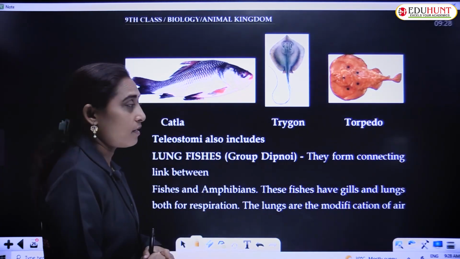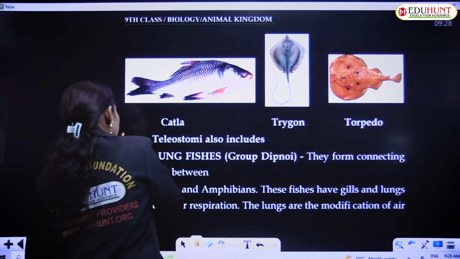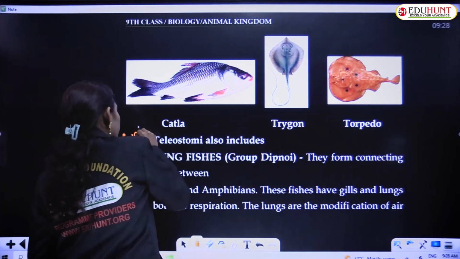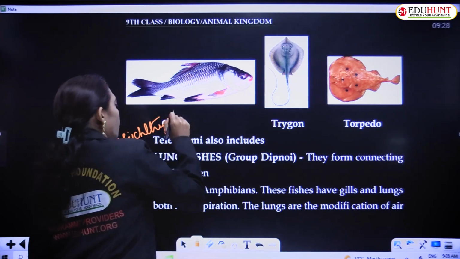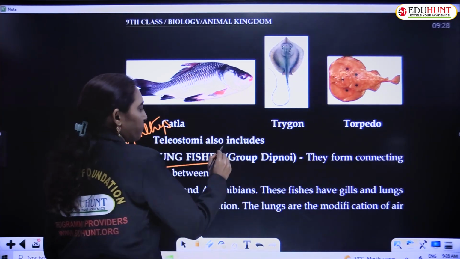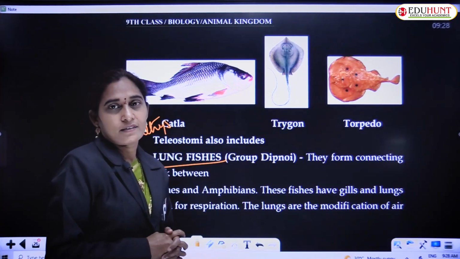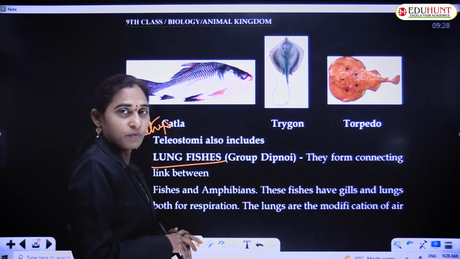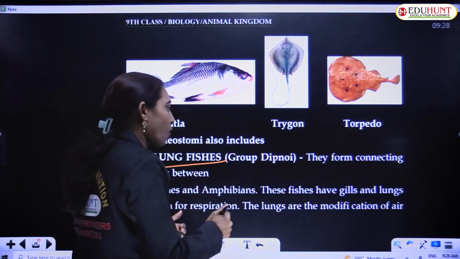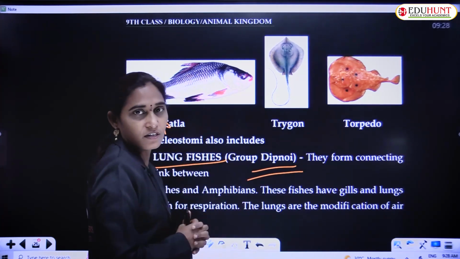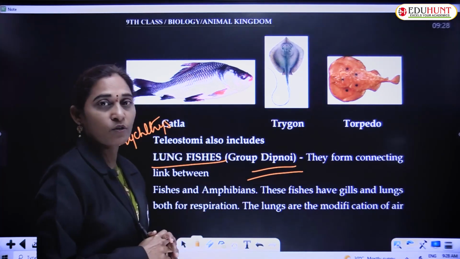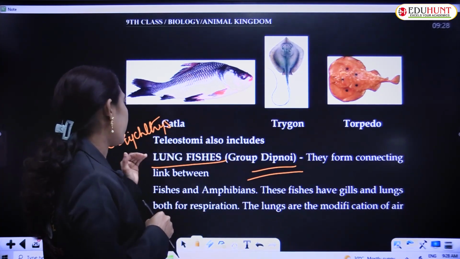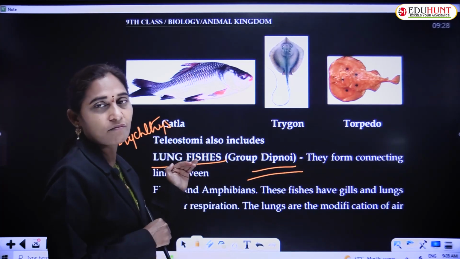Teleostomi, that is osteichthyes. Osteichthyes also include lungfish. They are placed in a separate group called Dipnoi. Commonly these are called Dipnoi fish because they were grouped under Dipnoi, and commonly called lungfish.